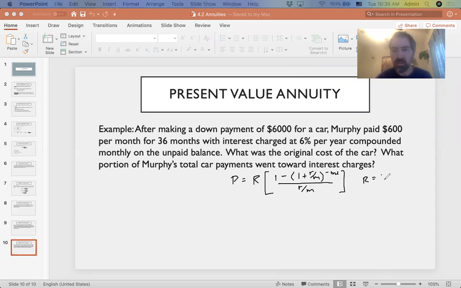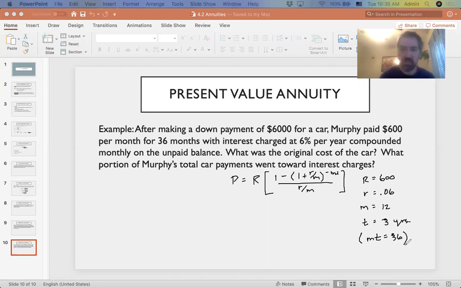Identify our variables. Monthly payment is $600, 6% interest, compounded monthly. And we're doing this over, I'm going to go ahead and write T as 3 years, and maybe in parentheses, I'll say that MT is 36 months.